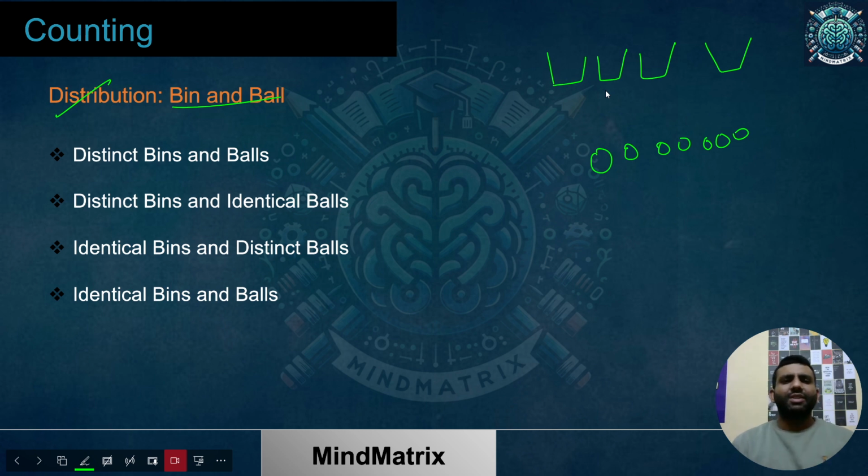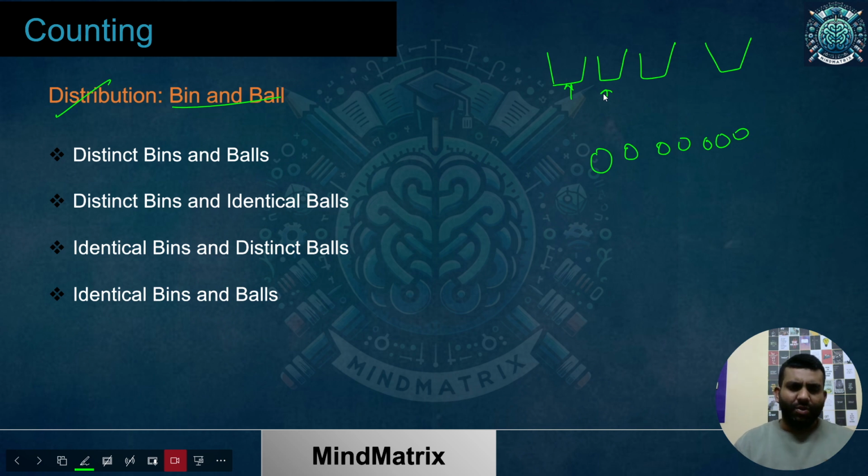Or there are some candidates who are getting posted at different locations. In that case, those locations become bins. So that is how distribution kind of problems come up, and we'll be seeing those examples as well.